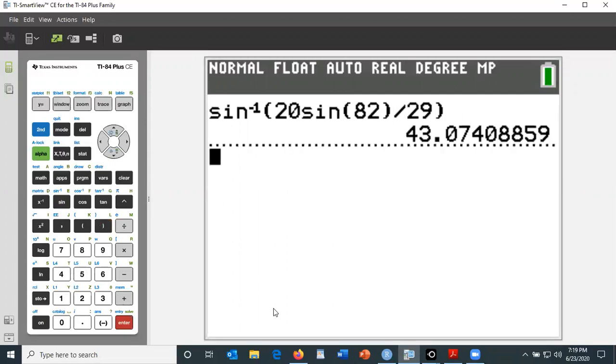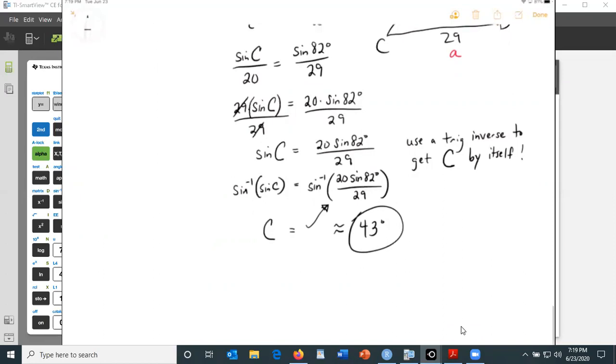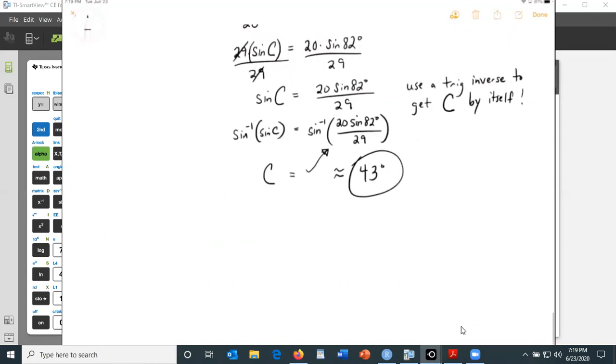All right, then you hit enter, and the angle there, let's say, is about 43 degrees. And there you go. Angle C is 43 degrees. All right, so hopefully A and B were no problem. I'll leave those up to you to figure out if you didn't get to finish those in time.